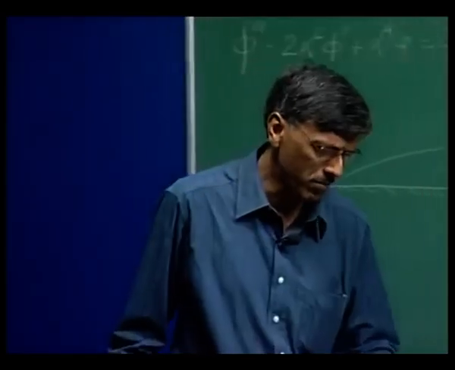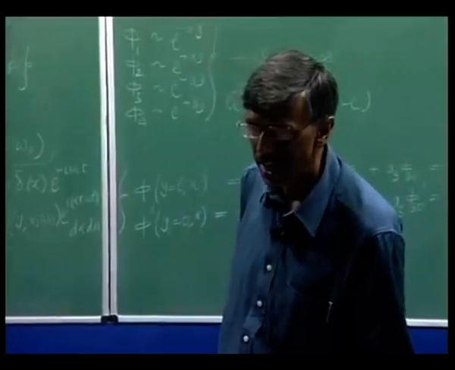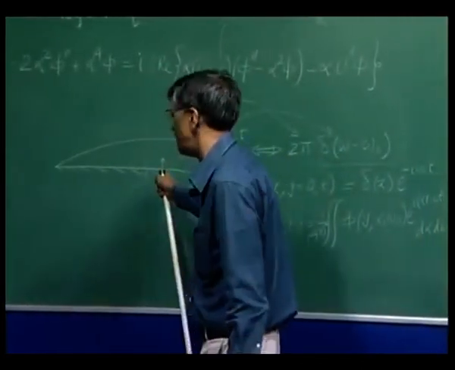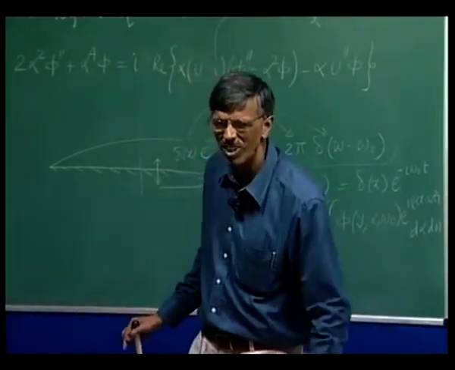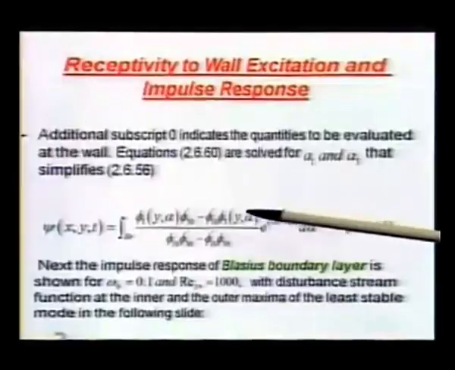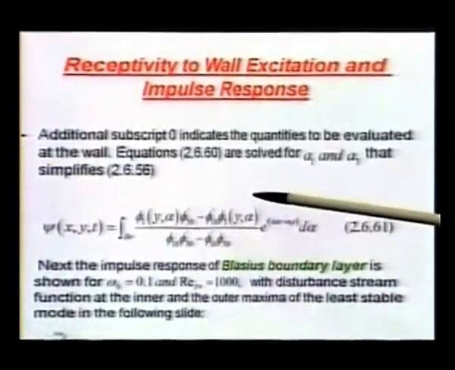That is why I am saying that the wall normal component of velocity and the stream function have the same structure, and since we are putting in some kind of a mass source, it is better that we work on psi. That is what we have done: solve for A1 and A3 and plug back the whole thing, and this is what you get.